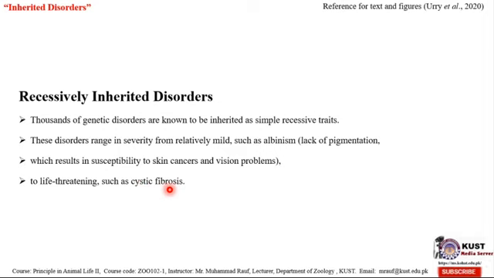Congenital disorders are ones which are present at birth, and this particular condition is a congenital disorder as well as a genetic disorder. What happens in this case? The alveoli are filled with a sticky substance, and these alveoli are unable to inflate.